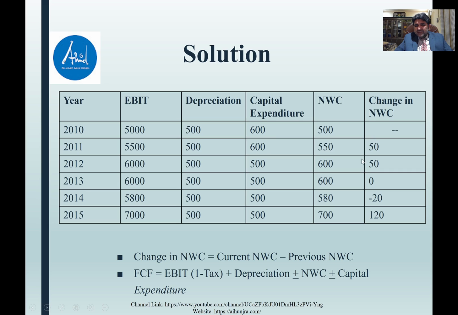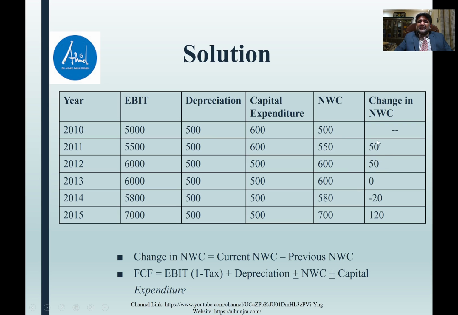After meeting the business requirement, we have the free cash flows. If it's positive, then in the formula we place it as a negative, because the requirement has increased. Last year it was 500, this year 50 is extra, so obviously the free cash flow will be decreased and we subtract it from the overall calculation.